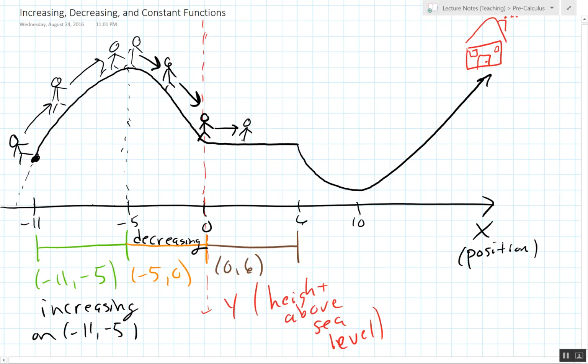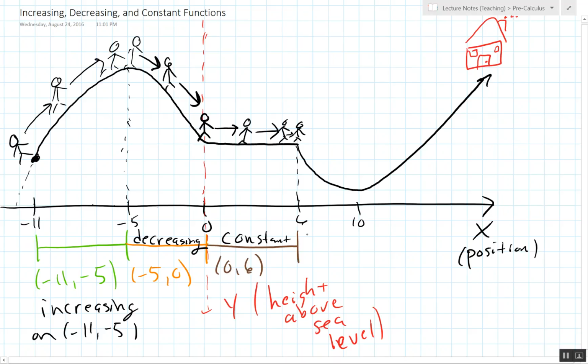So we're walking this way until we get to this point at x equals 6, where now we have a very steep decline. So again, this is where we're going to be constant.